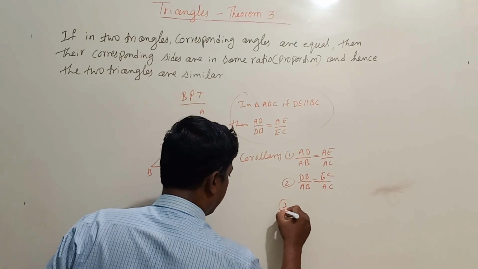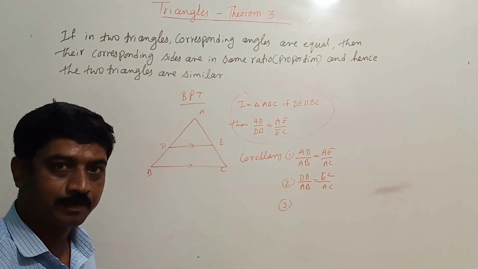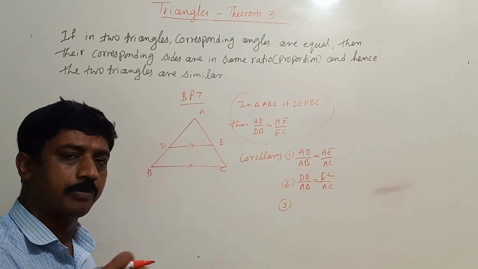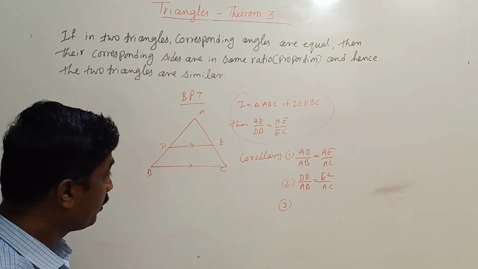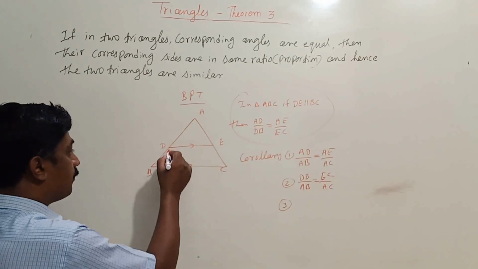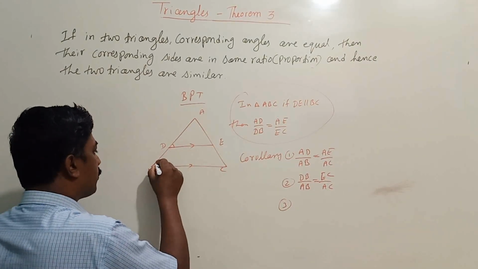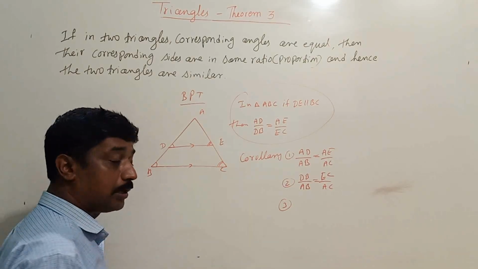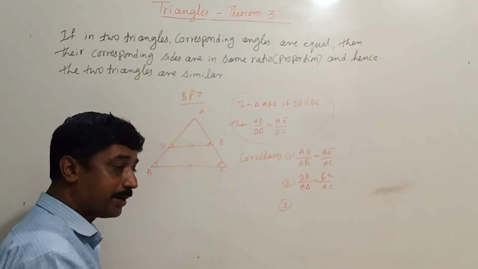The third corollary is very, very important to solve theorem number 3, theorem number 4, 5, etc. They are very important. What is that? Remember, if this is parallel to this, then the corresponding angles are equal. These two corresponding angles are also equal. And the third pair is automatically equal.